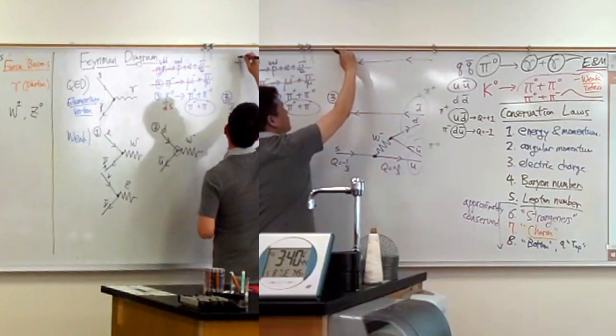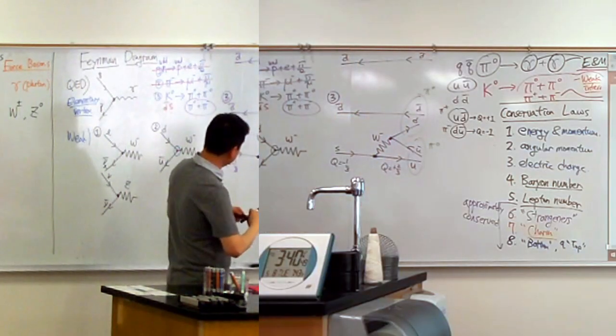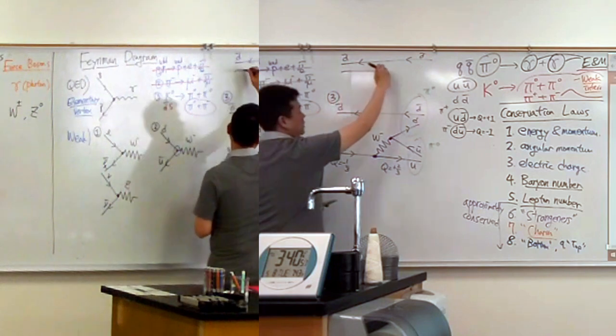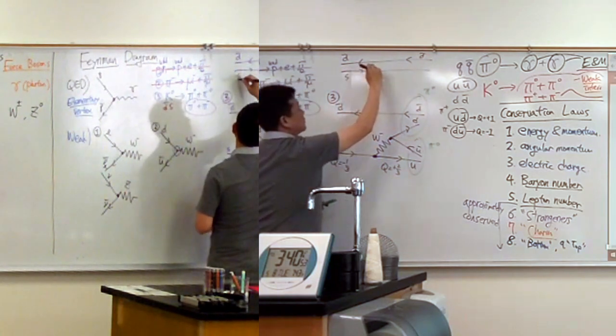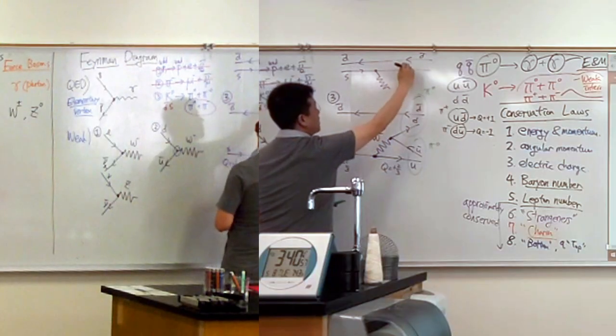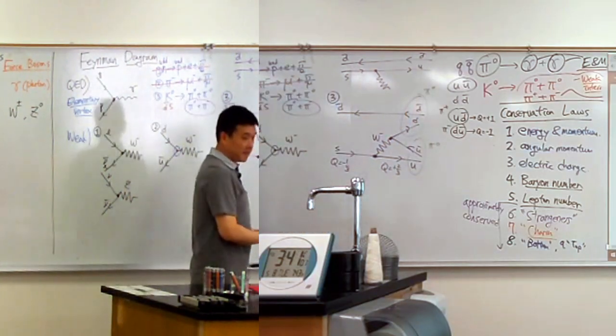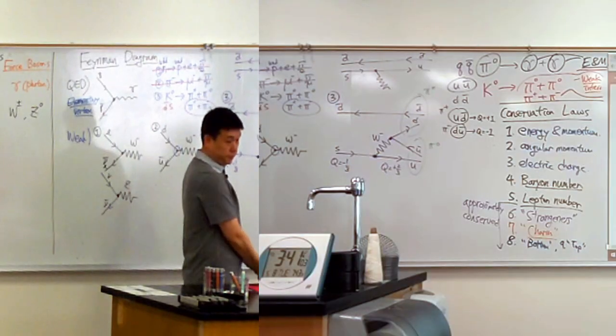You have the down quark here, and really the way it should go is this strange quark emits a W boson, and this strange quark, which turns into an up quark, hadronizes on its own.